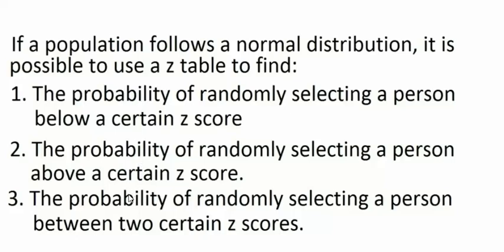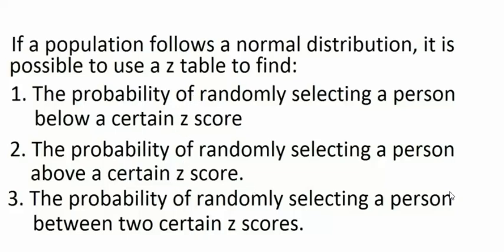And if you want the probability that the selected individual will fall between two specific z-scores, you need a third set of steps to get that answer. So these are basically the three problems we'll be solving in this video.